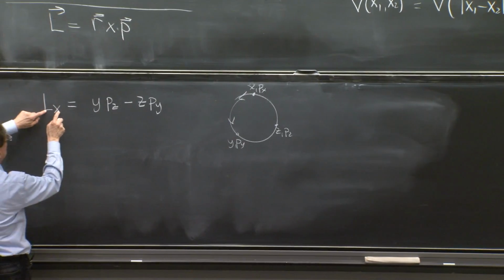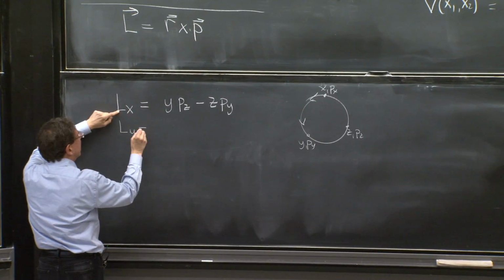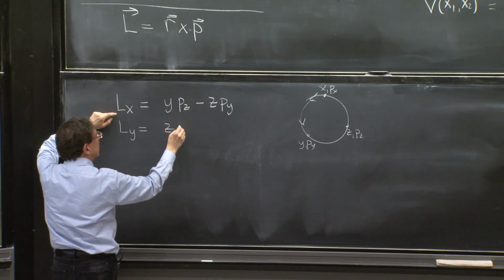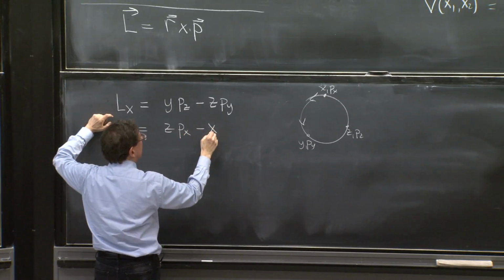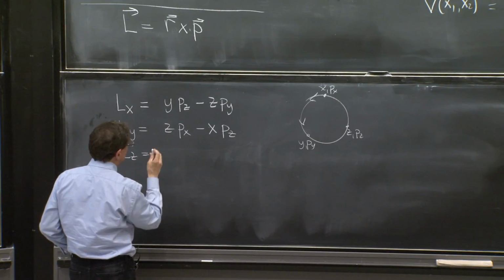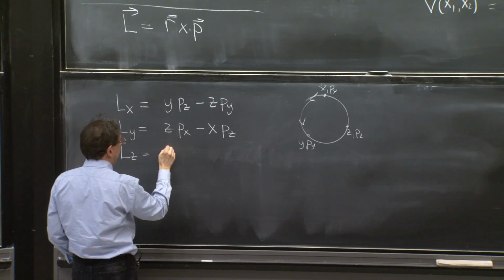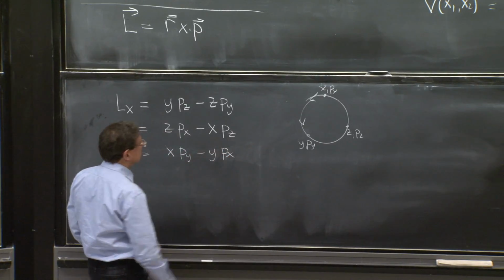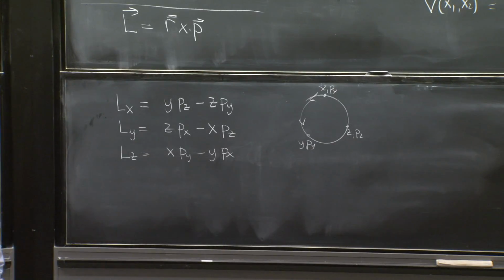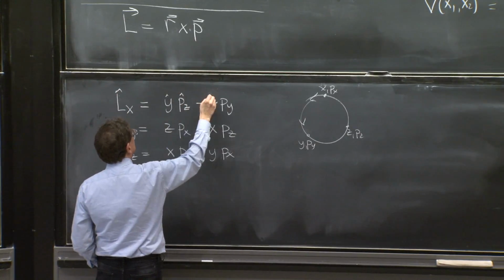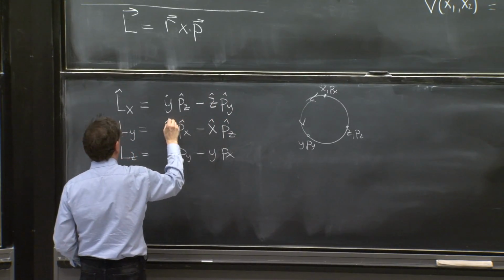So you say, let's go cyclic on this index. Ly is equal to the next cyclic to y in that direction, z px minus x pz, and Lz is equal to x py minus y px. And these things, I'll think of them as operators. Let's put hats on everything.